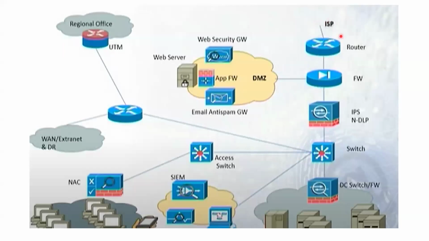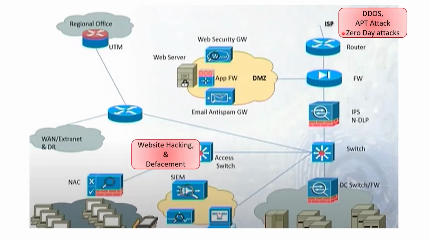At this position, we can have threats such as denial of service attack, advanced persistent attack, and zero-day attack, which can exploit the ISP level and infiltrate the entire infrastructure of an enterprise.